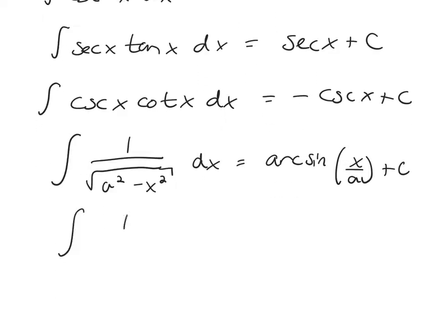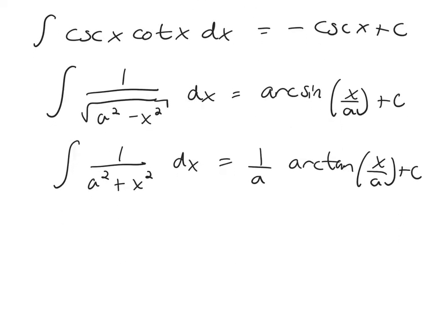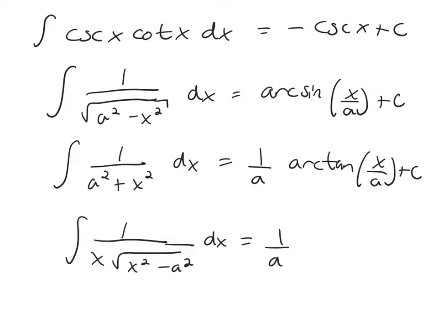The integral of 1 over a squared plus x squared is 1 over a arctangent x over a plus c. And the third one, the integral of 1 over x square root of x squared minus a squared dx will be 1 over a arcsecant of the absolute value of x over a plus c.